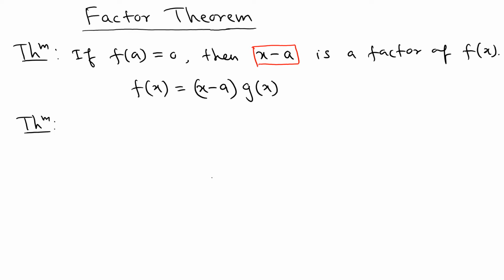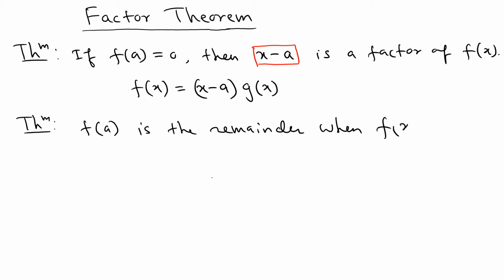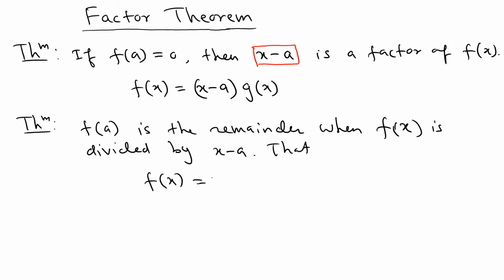It says that if a is the remainder when f(x) is divided by x minus a, in other words, we can write f(x) like this: we have the x minus a factor, and then we have the quotient part, plus the remainder, which is simply f(a). That's going to be the remainder.